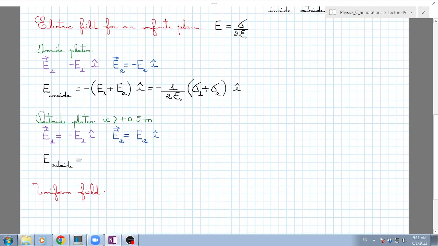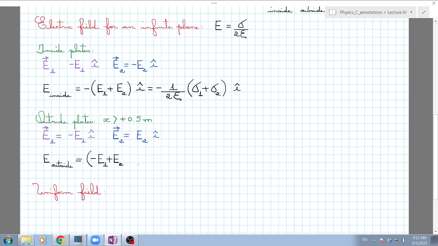So this is going to give me one over epsilon 0. Let's just write like that. It's going to be a minus 1 plus, in the I hat direction.